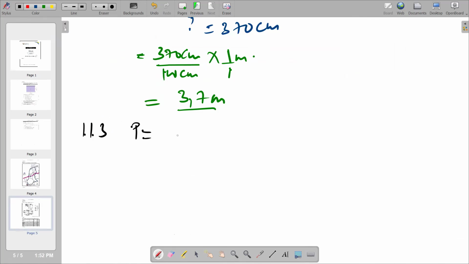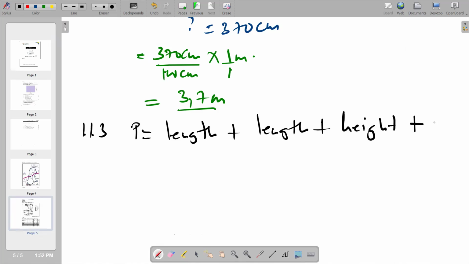It's equal to length plus length plus height plus height. We have converted the length to meters to be 3.7, so we can say 3.7 meters plus 3.7 meters, and then we add the height.